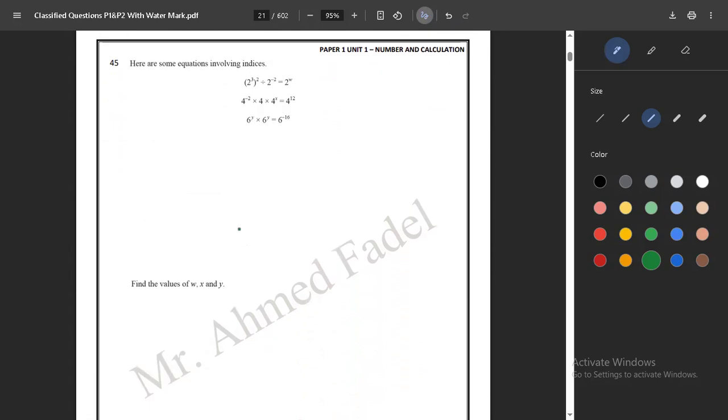All right, question 45 here. It says find the value of w, x, and y. Good. All right, here, 2 to the power of 3, all to the power of 2. Let's just say that these are questions 1, 2, and 3. So let's do 1.